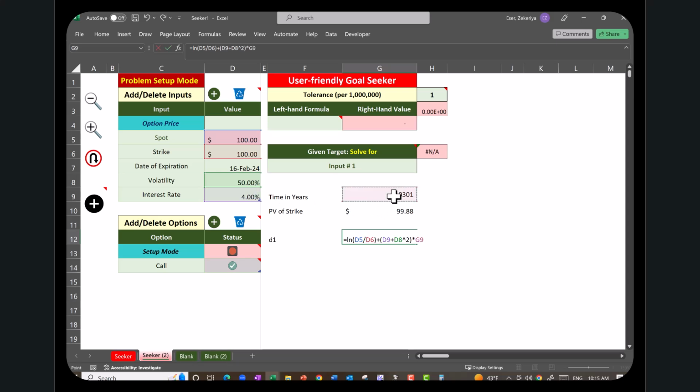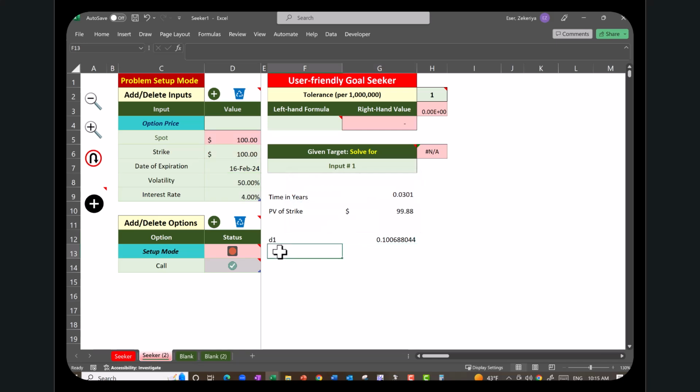Put everything in parentheses. Divide that by volatility times square root of t. Yes.